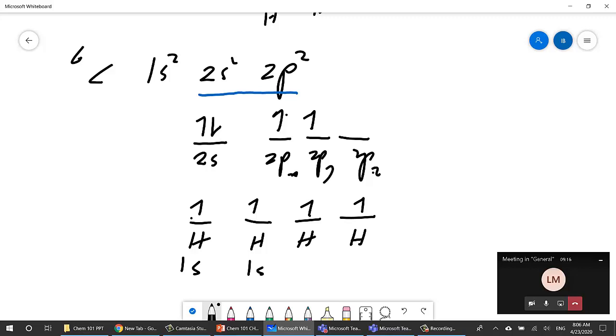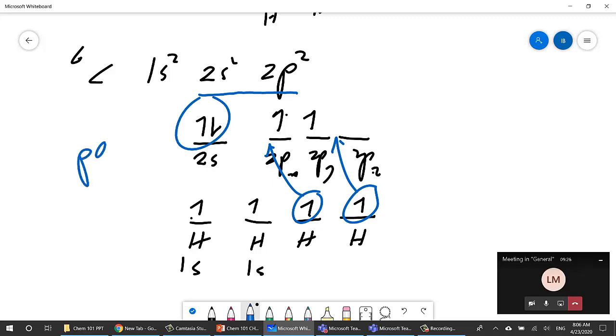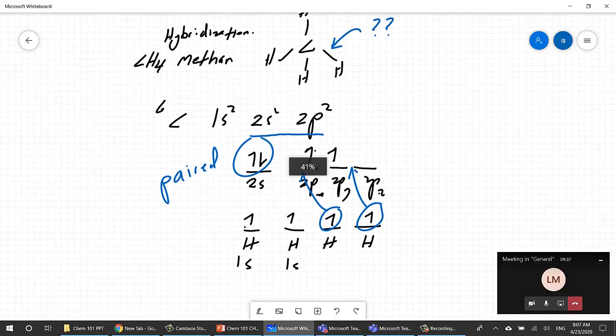So now, if you want to think about it, this electron can bond with this one, this one can bond with this one. But what are these two? These two are paired electrons, they cannot make bonds. How could they make bonds? They're already paired, okay? So with this, we have a problem making bonds, okay?